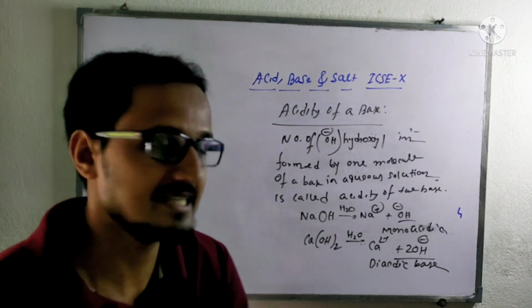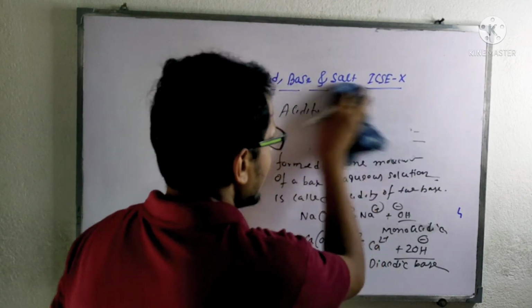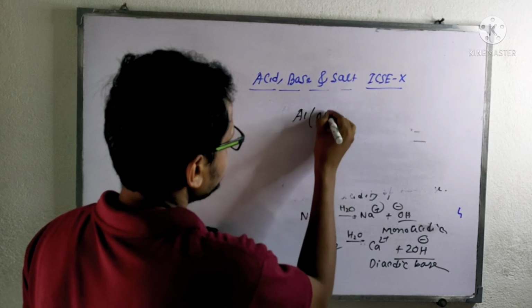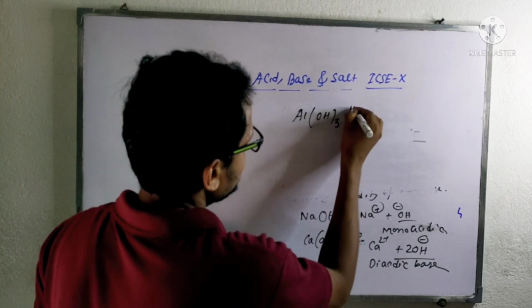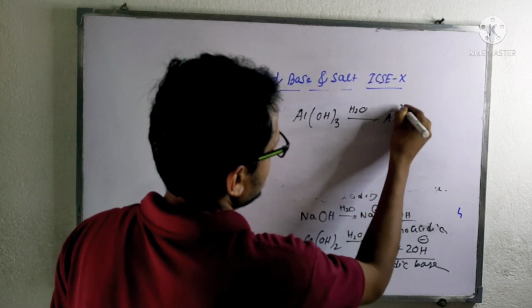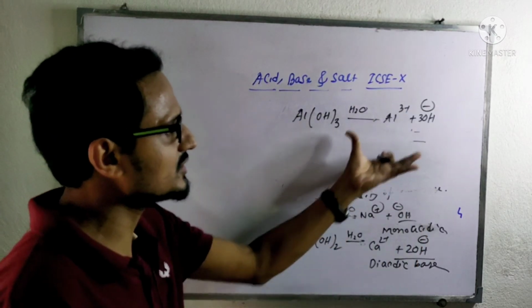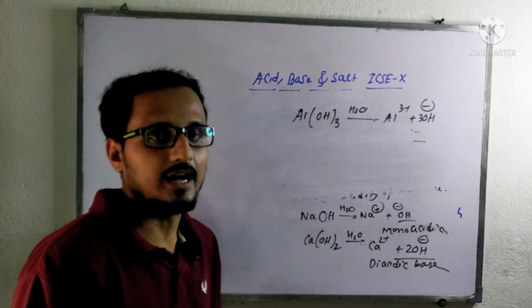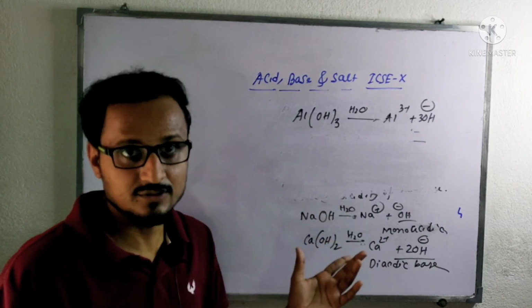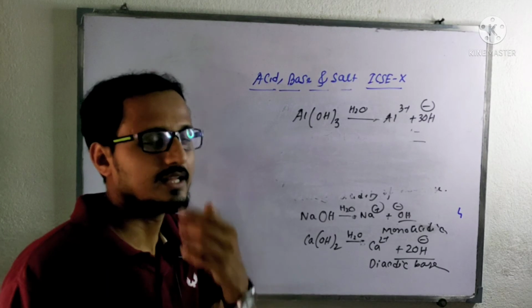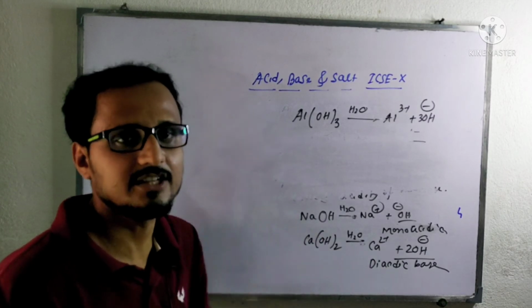Likewise we have triacidic bases like aluminum hydroxide. Aluminum hydroxide in H2O gives Al3 plus and 3 OH minus. The dissociation of this one I have already discussed in the previous video, so you can go and see that video. The link of that video will be given in the description box.